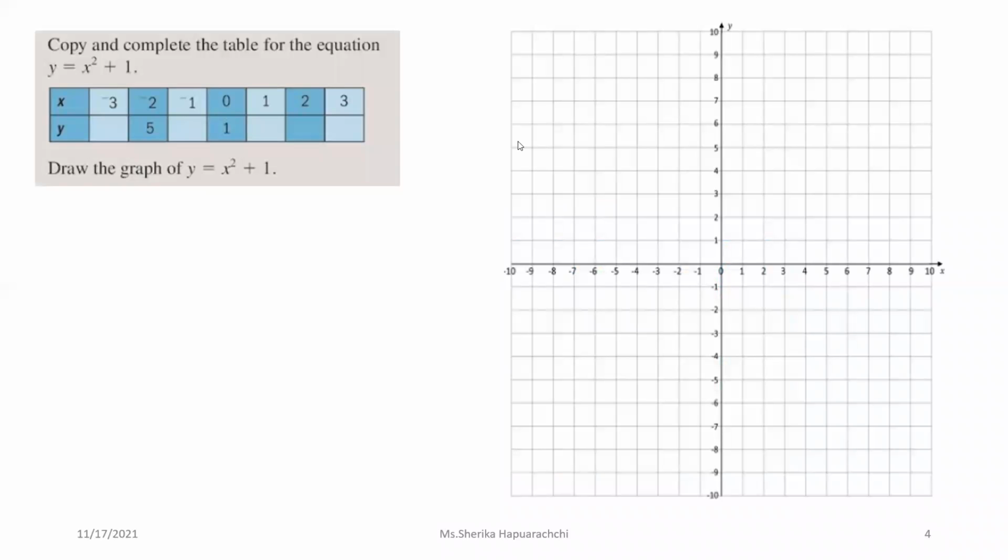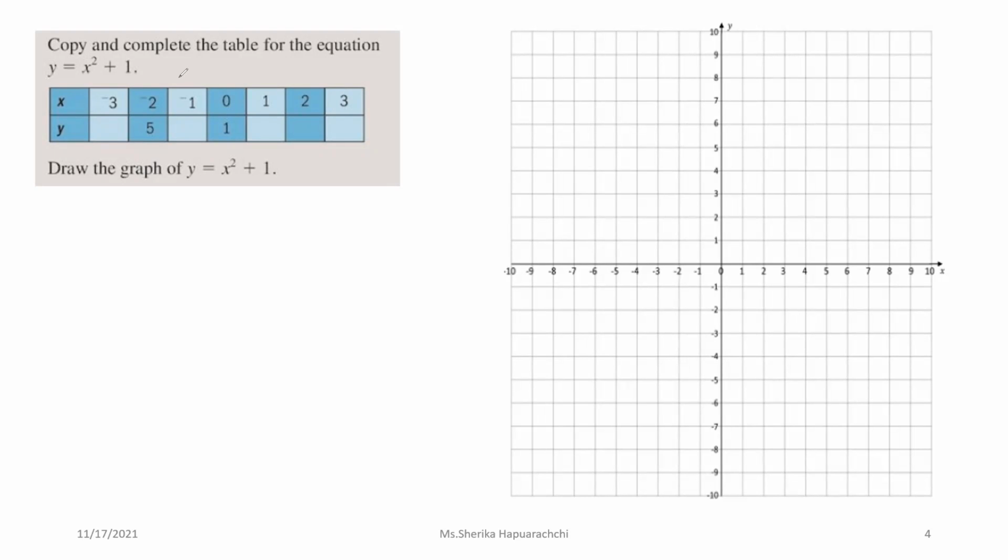Right. Now here, they have given an equation. What we have to do is first complete the table. Then we have to draw the graph. So first we'll complete the table. My equation is y equals x squared plus 1.